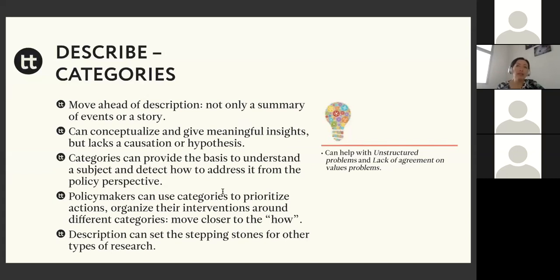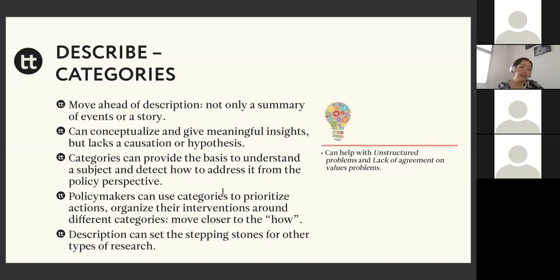And you can take this approach of research in many areas of your work. What we're trying to do is go from just telling the story of explaining a phenomena to being able to summarize this into conceptual categories that can help us have more meaningful insights.